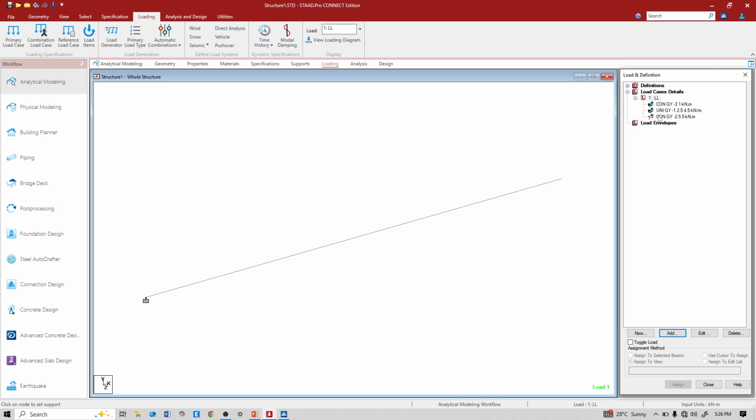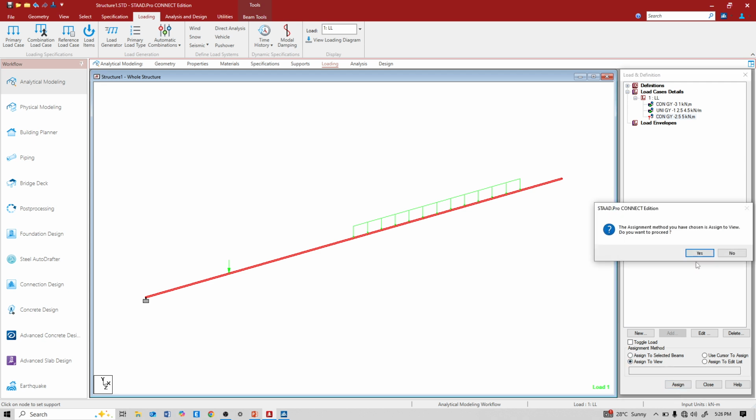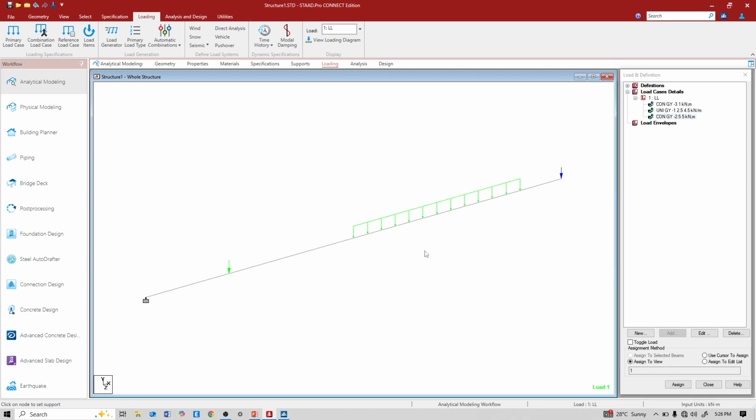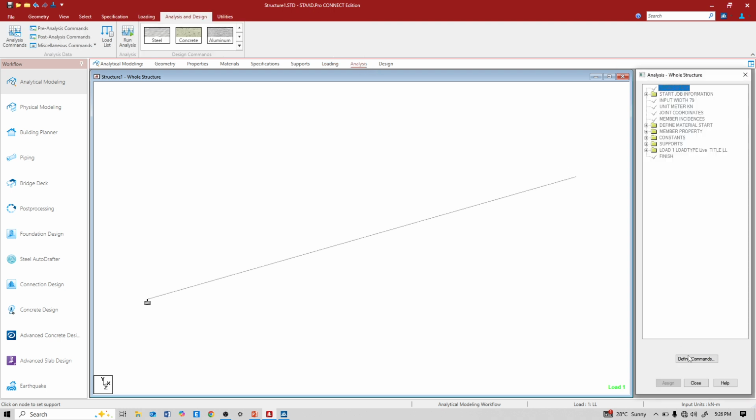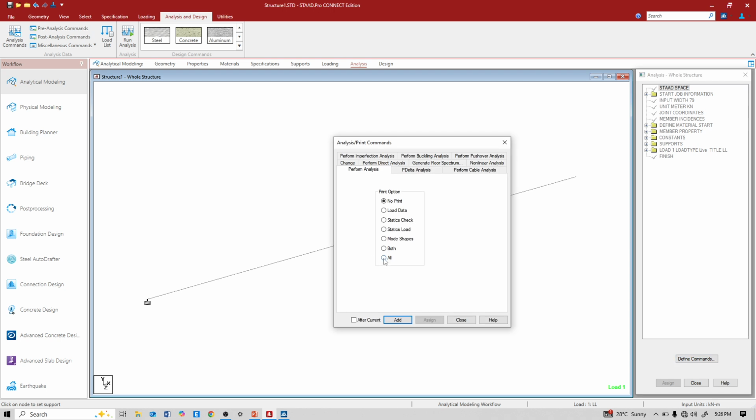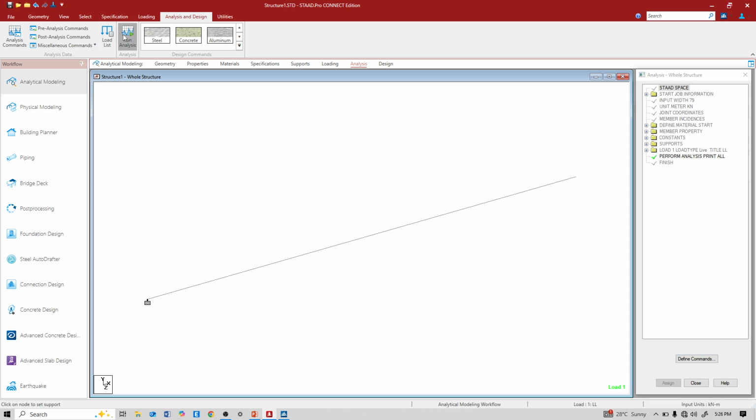Add, close, select this beam, assign to view, yes. So loading is applied, support is applied, total beam length is 5 meter. Now analysis, define command, all, add, close, run analysis.